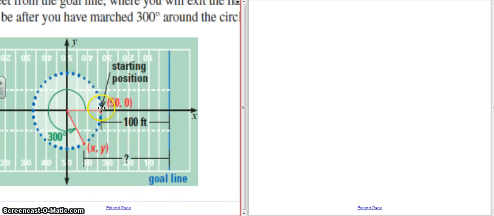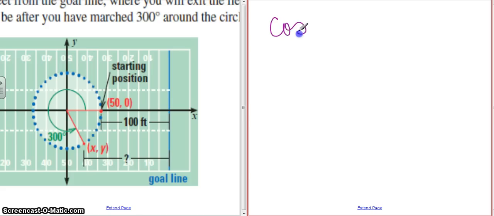So we started here and you were 100 feet from the goal line and you marched around this circle 300 degrees. So now the question is, how far are you away now from the goal line? This line right here that they have drawn with the question mark, this is how far you are from the goal line. So what I'm going to look at is cosine in this case.